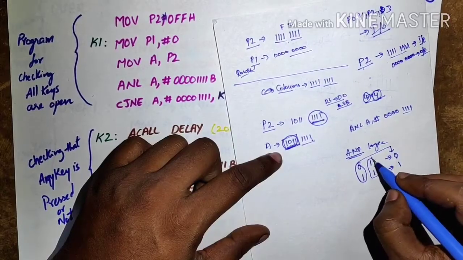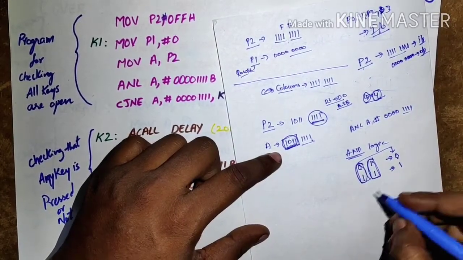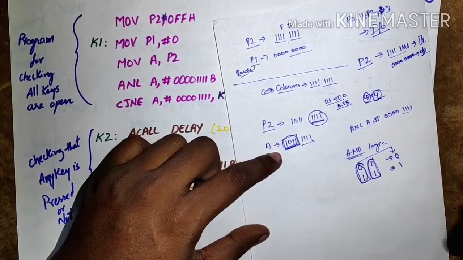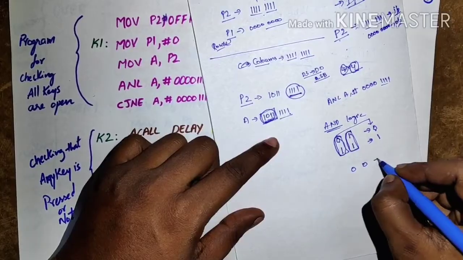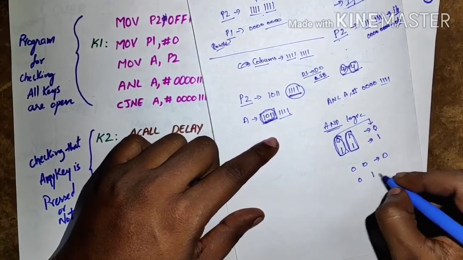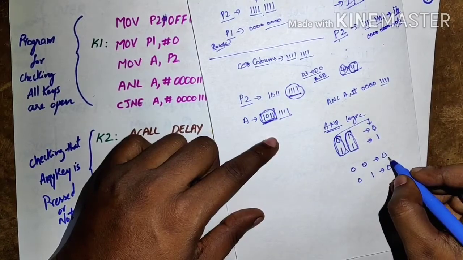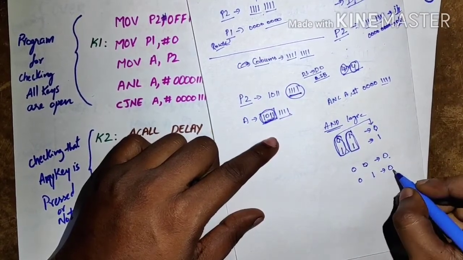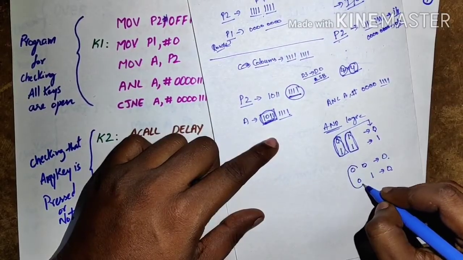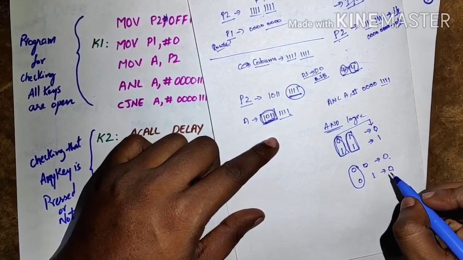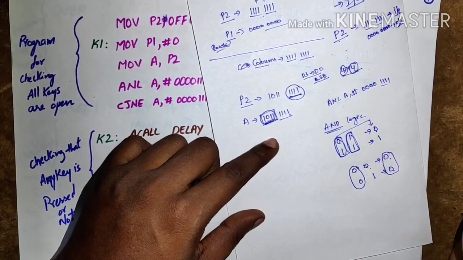So when we apply AND logic with 1 we get the same value. Similarly with zeros, 0 with 0 gives 0, 0 with 1 also gives 0. Whenever we AND with zero, anything gives us zero.